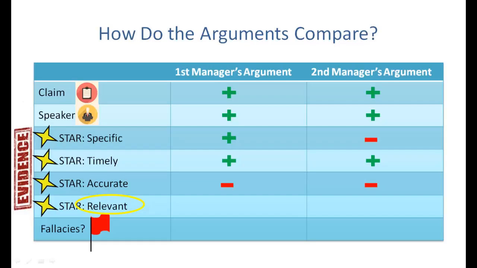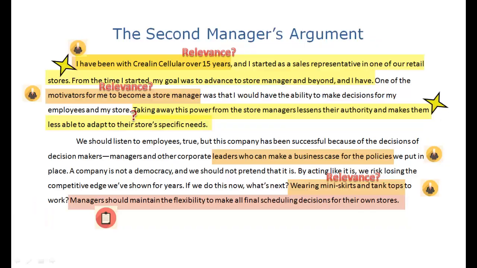Which brings me to the last element of the STAR support strategy, relevance. I mean, sure, I can verify the second manager's information with HR, but what does being with the company for 15 years have to do with knowing whether letting employees vote on policy or not? Why should his motivation for becoming manager make a difference in deciding company policy?